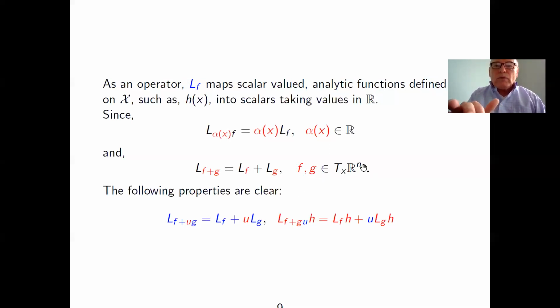Having two vector fields in the tangent space, L of f plus g is simply L of f plus L of g. Those are two very convenient properties because it allows one to manipulate with certain comfort the nonlinear expressions while simplifying enormously the calculations.